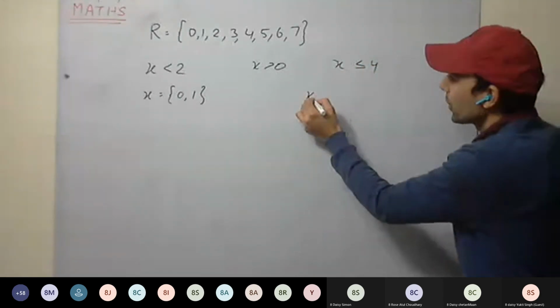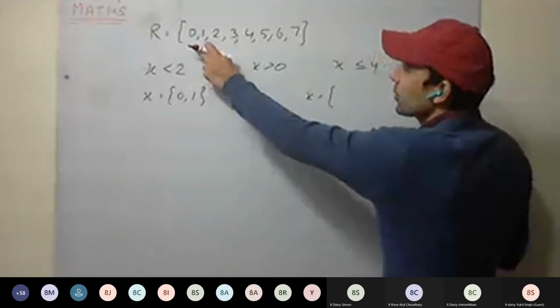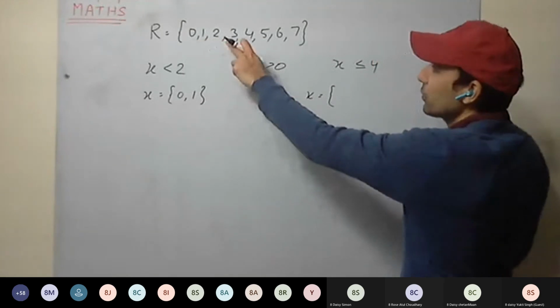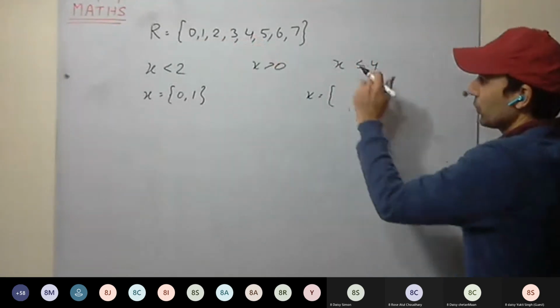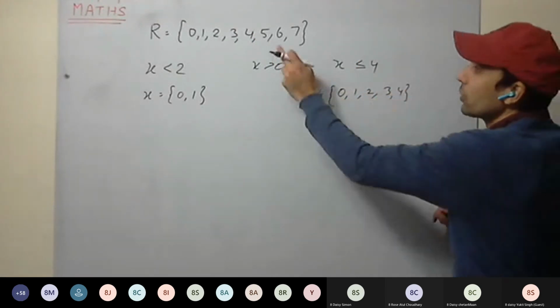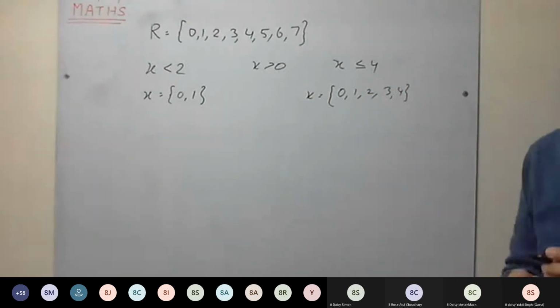This time, what will be the value of x? 0 is less than 4, 1 is less than 4, 2, 3 are less than 4, and 4 is equal to 4. So 0, 1, 2, 3, 4. 5 is not less than 4, so only these values it will take.